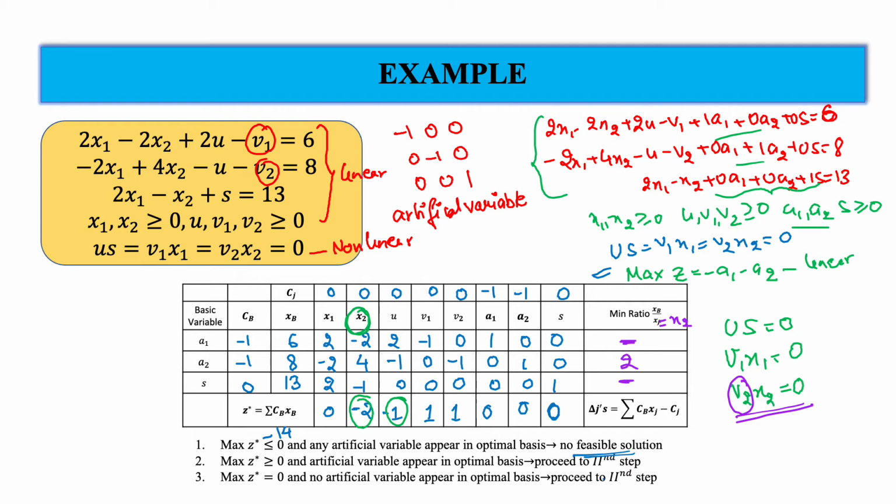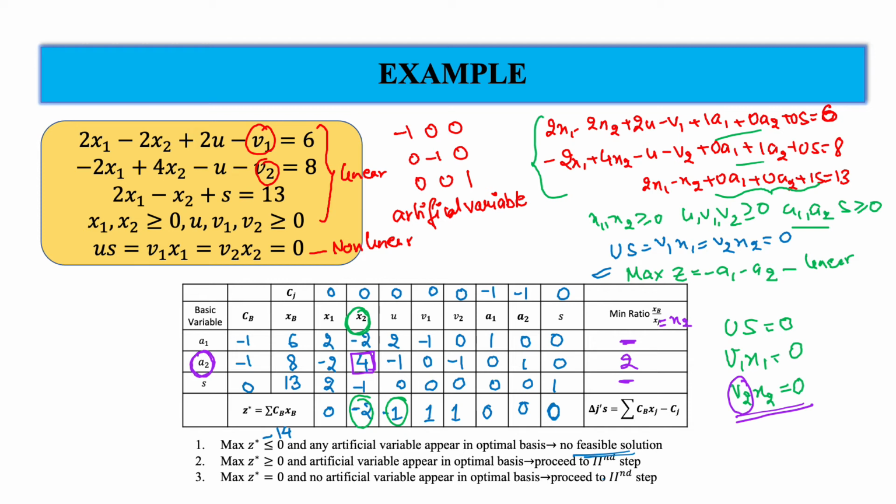Okay, so corresponding to this table, which one is the leaving basic? A2 is our leaving basic. Now what is the pivot element? 4 is our pivot element, at the junction of incoming and outgoing variable.